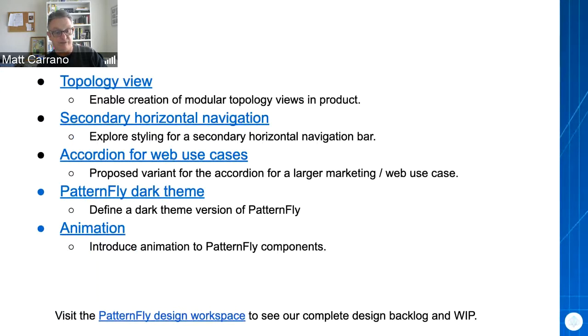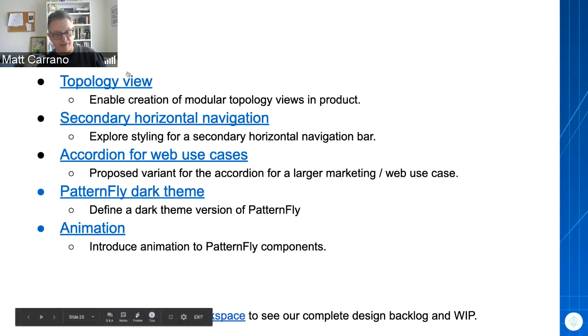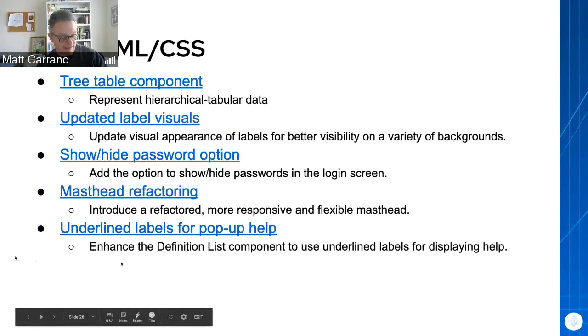We've been working for the past couple of months on defining a PatternFly dark theme, which is something that we look forward to adding sometime later this year, and likewise adding animation strategically in certain places in the library. These links, by the way, will take you to the active issues if you want to drill further into any of these items.